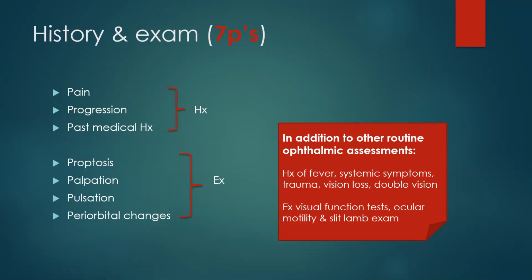These 7 P's, as I said, we have to add to our routine ophthalmic assessments, like the history of fever, systemic symptoms, trauma, vision loss, double vision, and in the examination, we do our routine examination, checking the visual function tests with visual acuity, color vision, APD, and the remaining routine examination and motility.